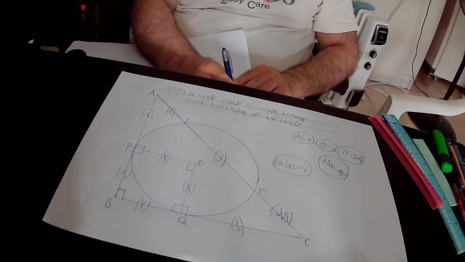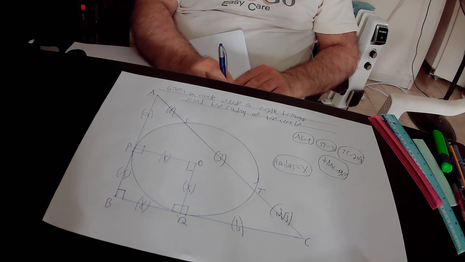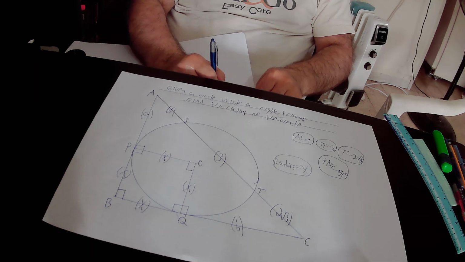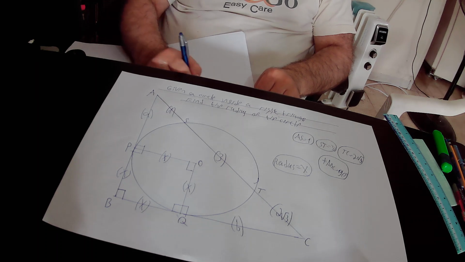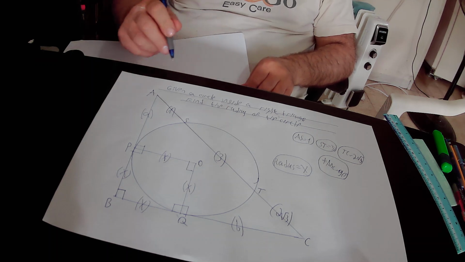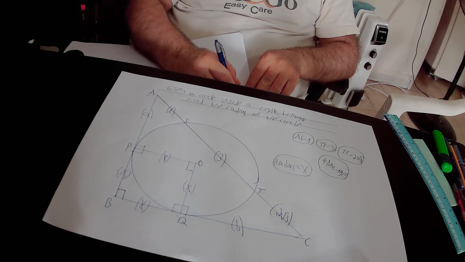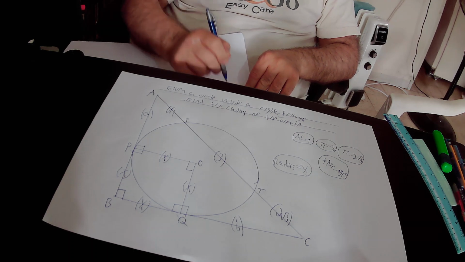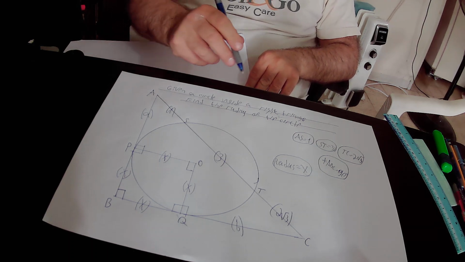So according to Rule 10, the following equation will be true, that PA square or AP square must be equal to AS times AT.